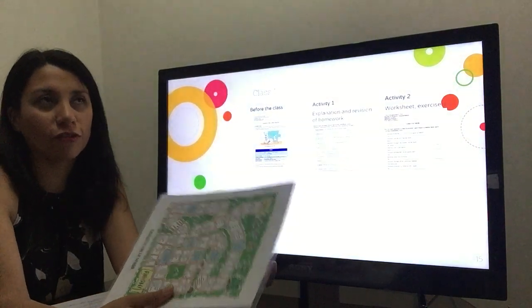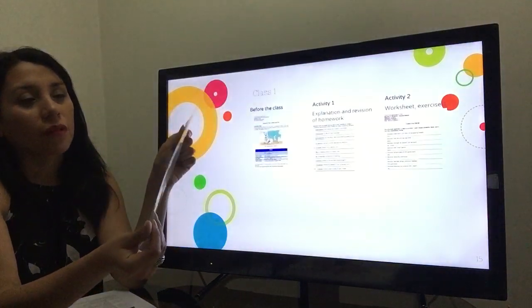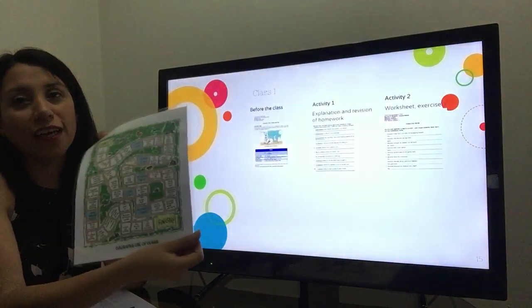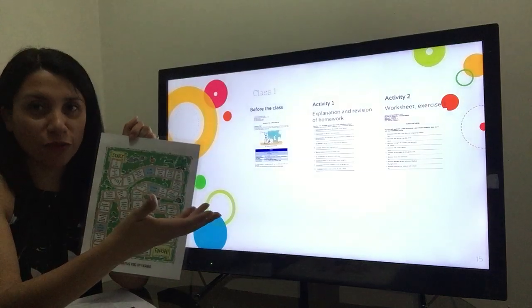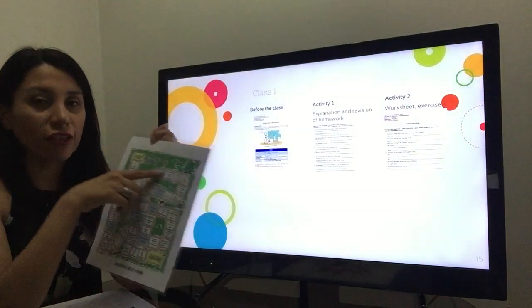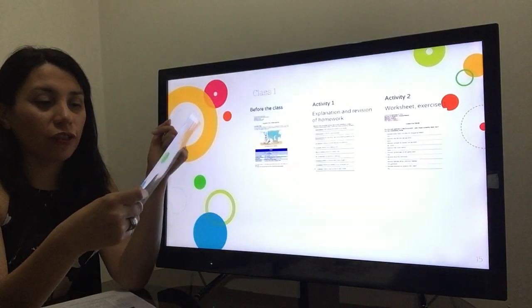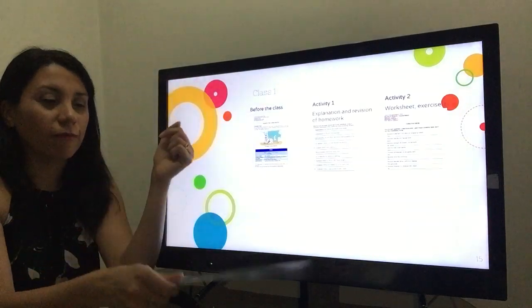Well, causative use of have and get. I will give them this board that I created. I took the idea from the previous one I had used. Remember the one that didn't work? So I changed everything, and it's assigned for students to work with it in groups of 3.